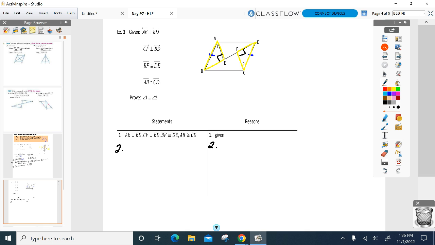And be careful here. Some of you might be having flashbacks of yesterday. BF, is that a side in one of the triangles I need? No. So guess what? I'm not putting an S there. I can't count that as a side because it's not. It's more than a side. You can't count it as a side.